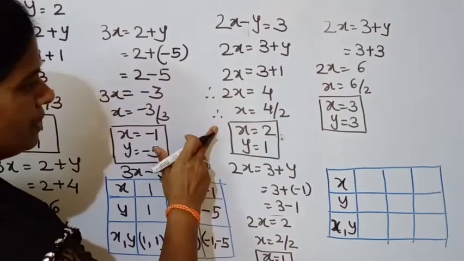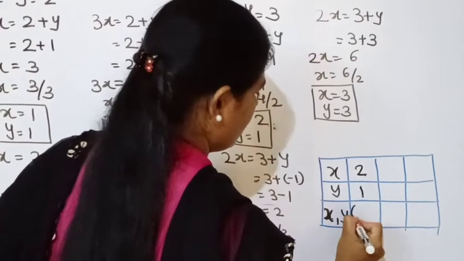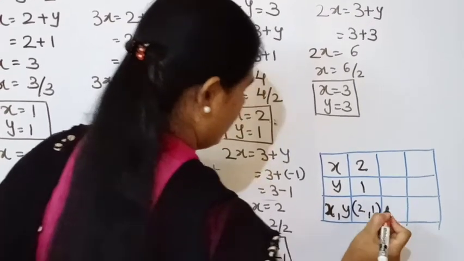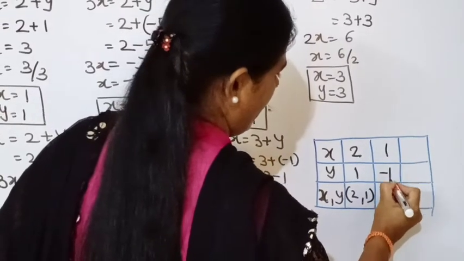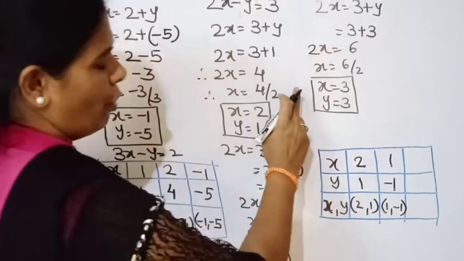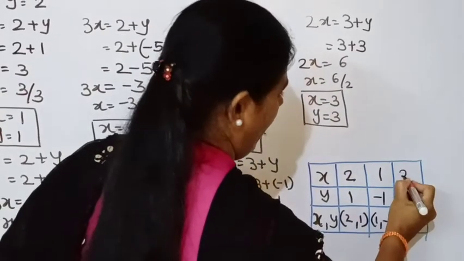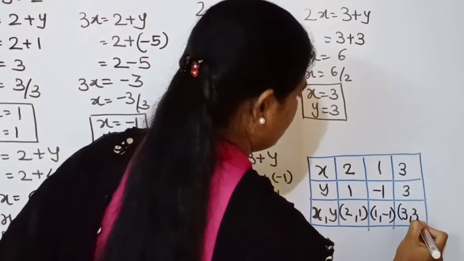What is our first point? 2, comma, 1. Second point is 1, comma, minus 1. Third point is 3, 3. x is 3, y is also 3. So that will be 3, comma, 3.